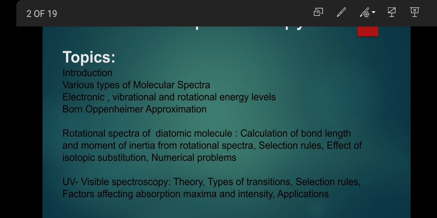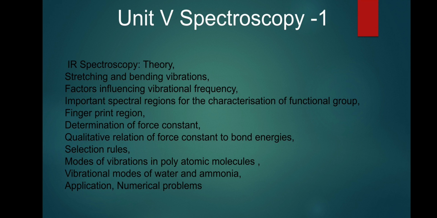Next you will study UV visible spectroscopy: theory, types of transitions, selection rules, factors affecting absorption maxima and intensity, then applications. Next, IR spectroscopy. What is IR spectroscopy? What is its theory?